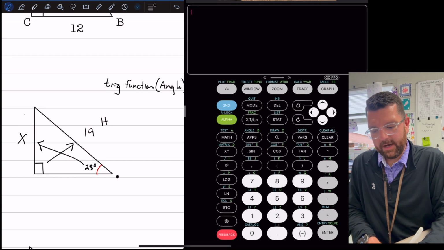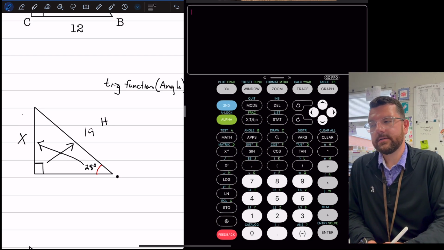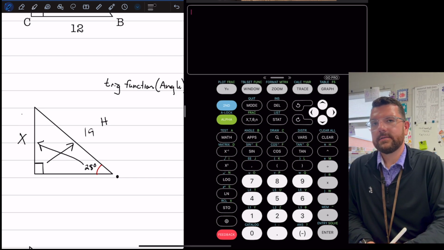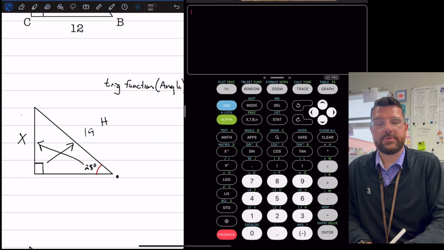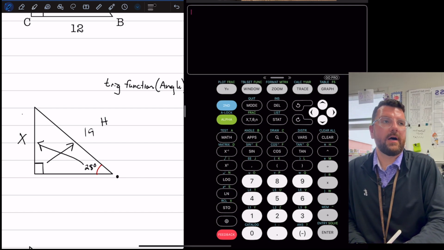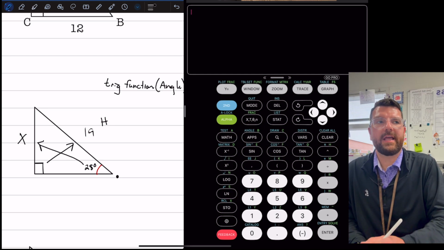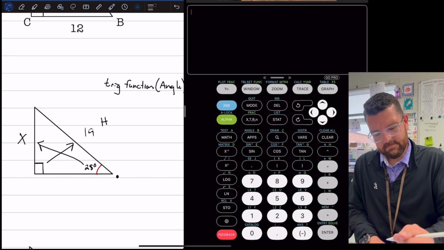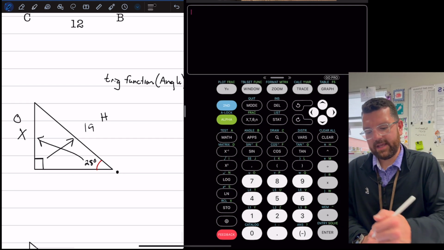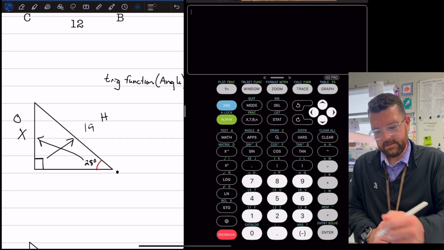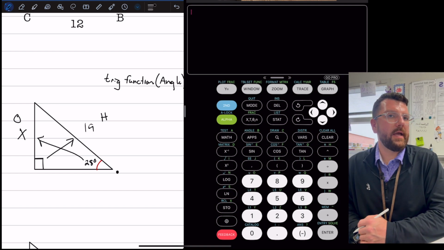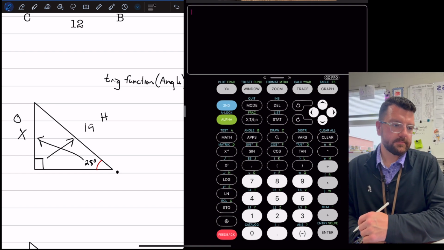They gave me the hypotenuse and the... There's three sides of triangles in trigonometry: opposite, adjacent, and hypotenuse. They gave me the hypotenuse, and they gave me the opposite. Across from the angle, they gave me the opposite.